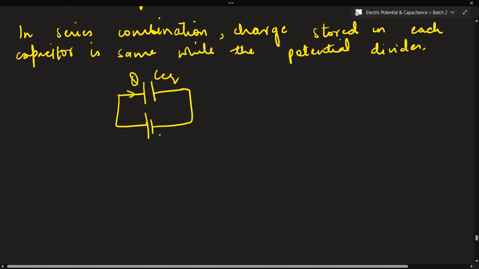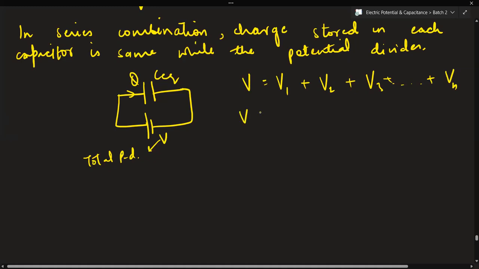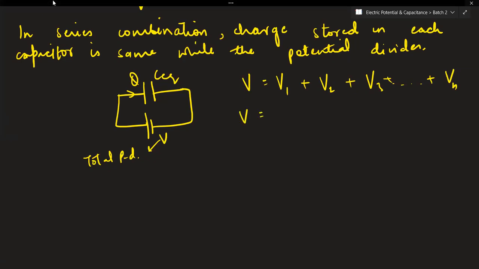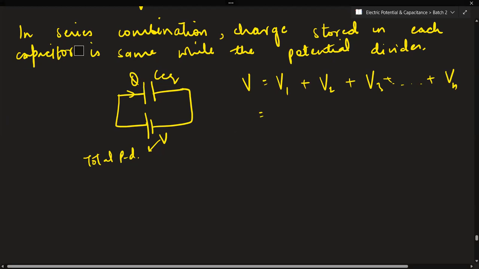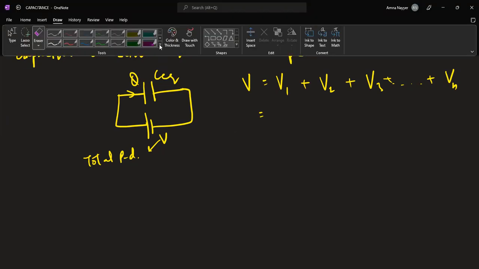Charge is capital Q, potential is V. The total potential difference is V. Net potential difference will be V1, the potential difference of the first capacitor, plus the potential of the second capacitor, plus the third, up till the nth capacitor. In terms of charge and capacitance, potential will be charge divided by capacitance.